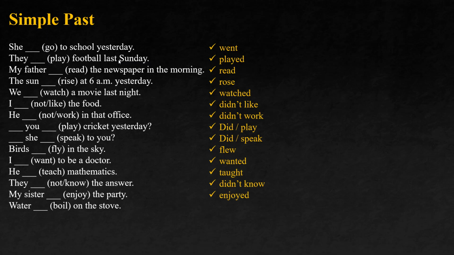Yogesh. My sister enjoyed the party. Next one. Next sentence. Try the next sentence. Water boiled on the stove. Good. Pallavi.